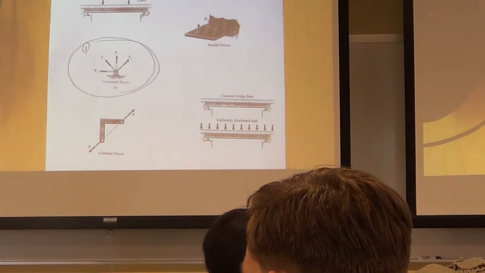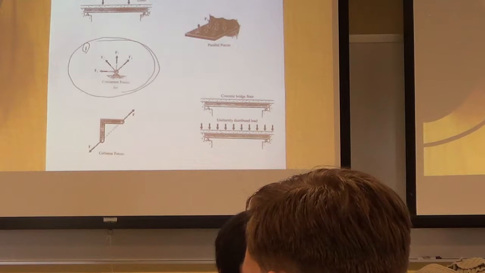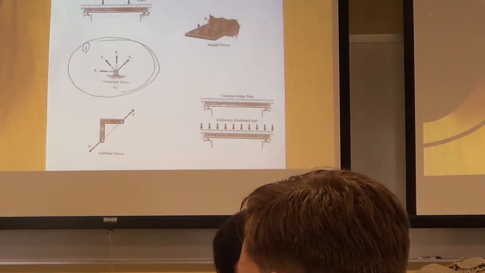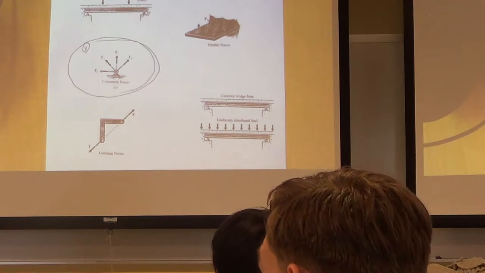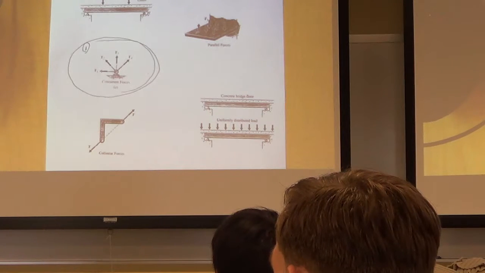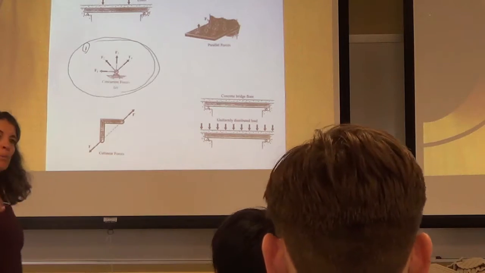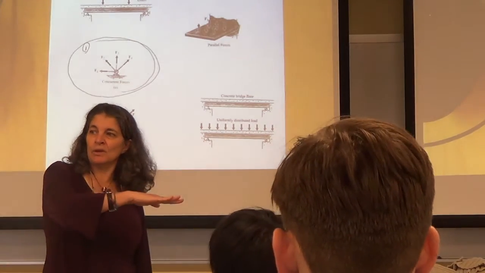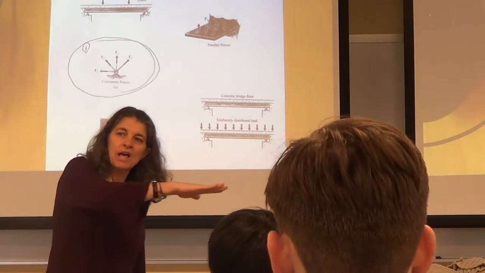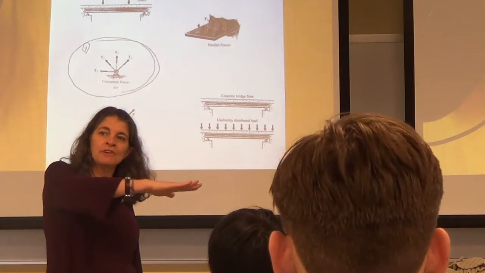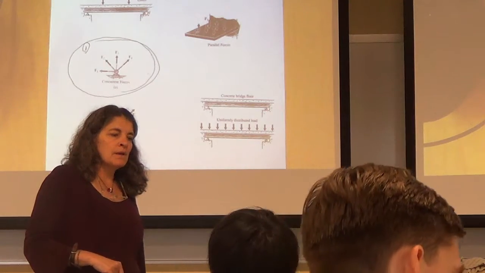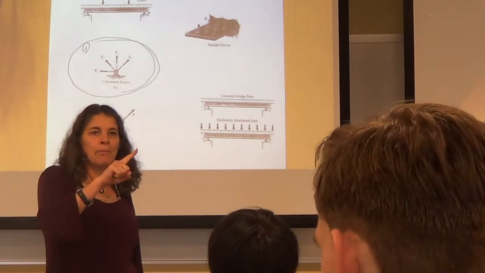So we have weight, we have tension, we have friction. Is friction a point load? Yes. It's one line with an arrow pointing in a certain direction. It's a point load. It does slide along a surface, but it's still defined by a point load.